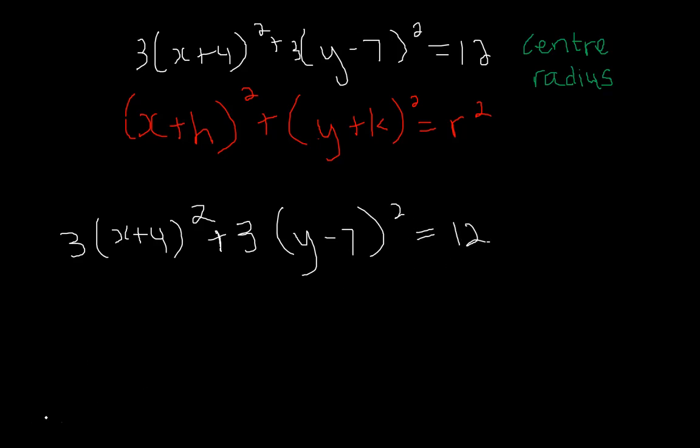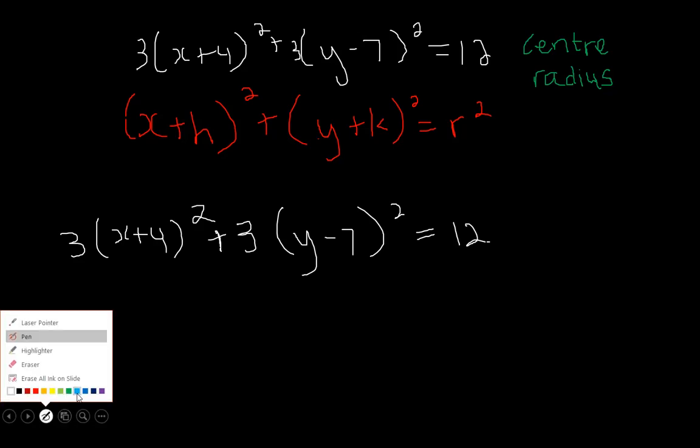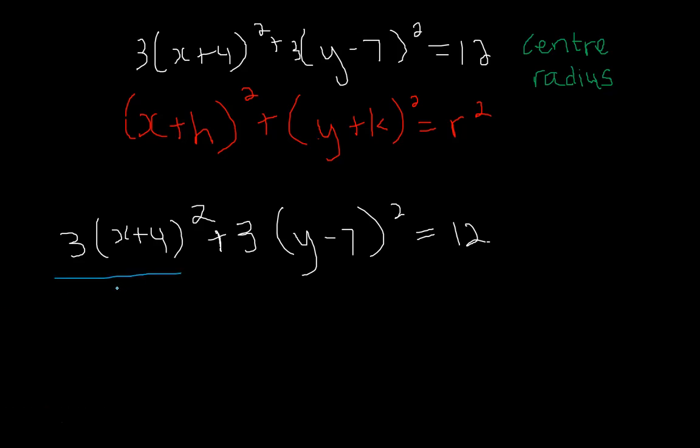If I divide everything here by 3, I'll be able to get rid of those 3s. So I divided everything by 3, and the 3s cancel.